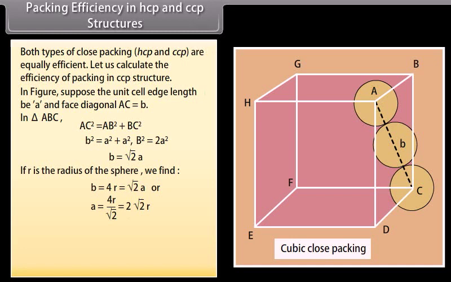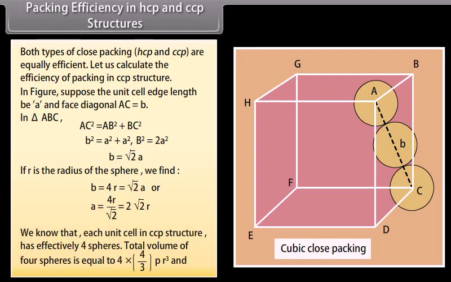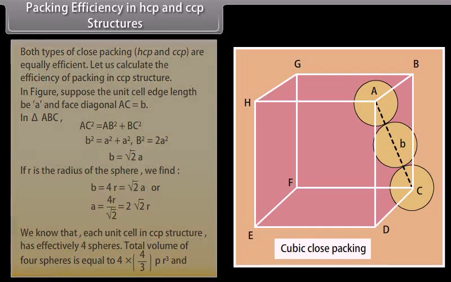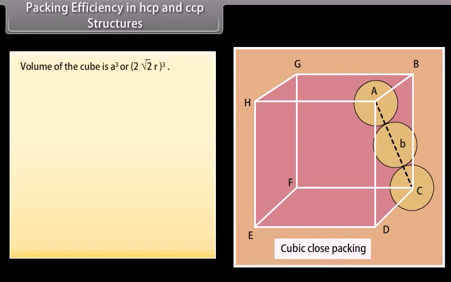We know that each unit cell in CCP structure has effectively 4 spheres. Total volume of 4 spheres is equal to 4 into 4/3 pi r cube, and volume of the cube is a cube, or (2 square root 2 r) cube.